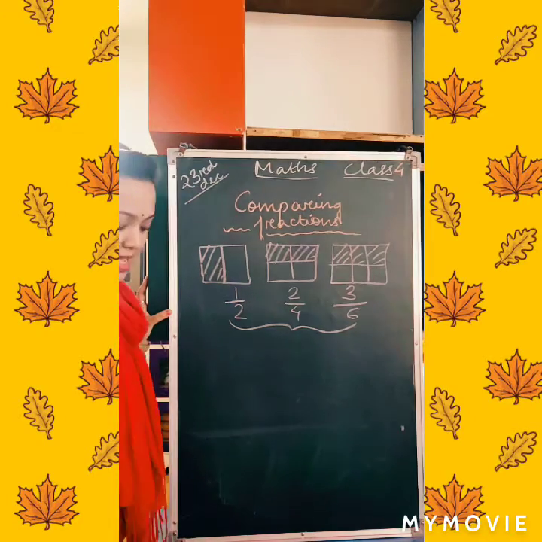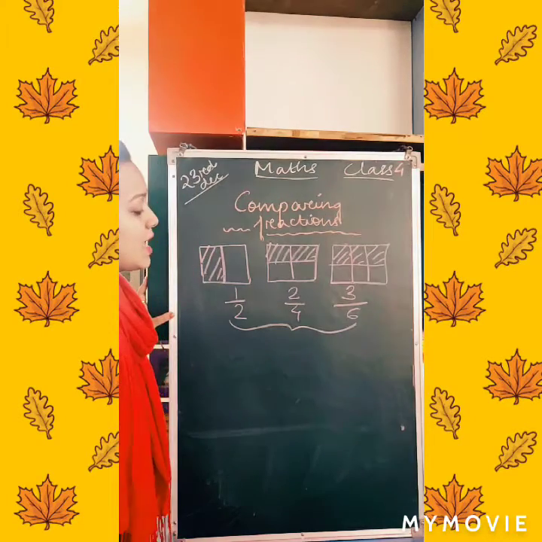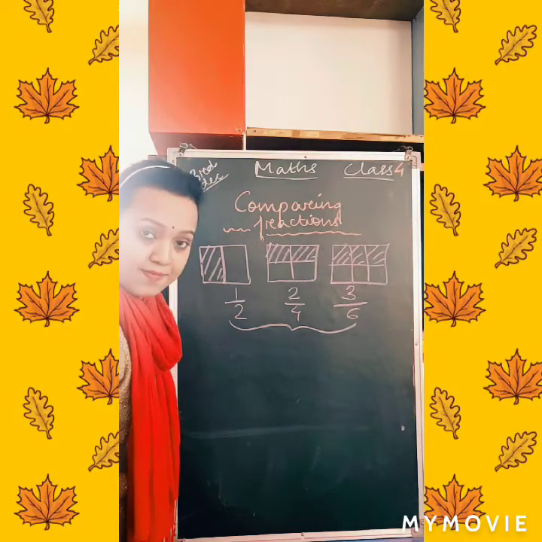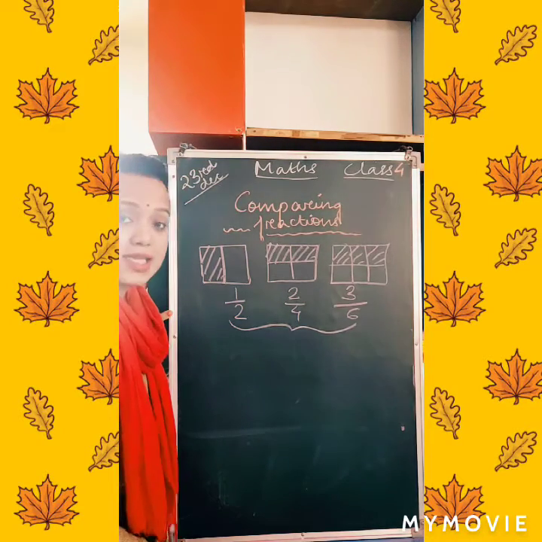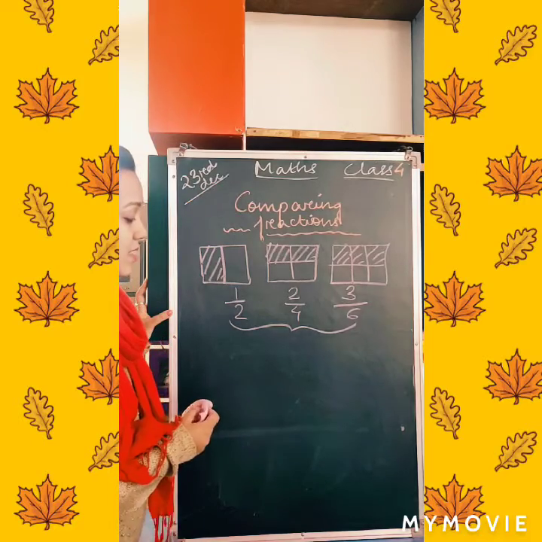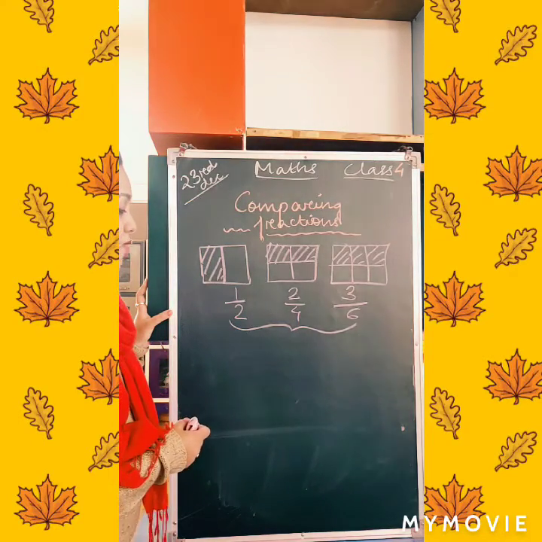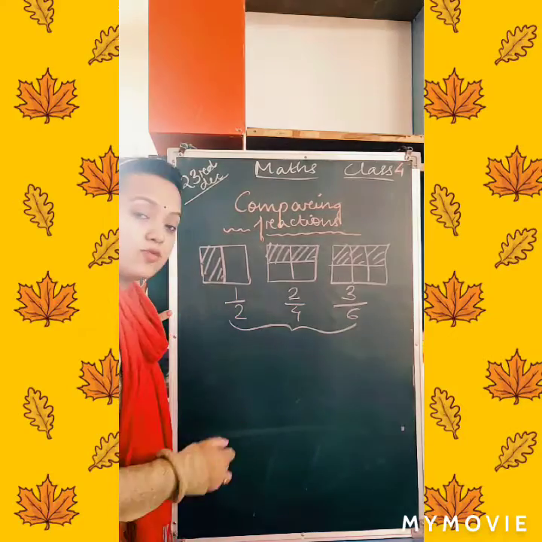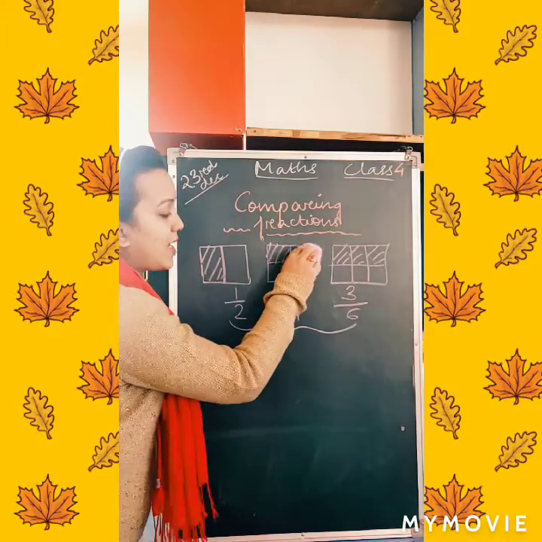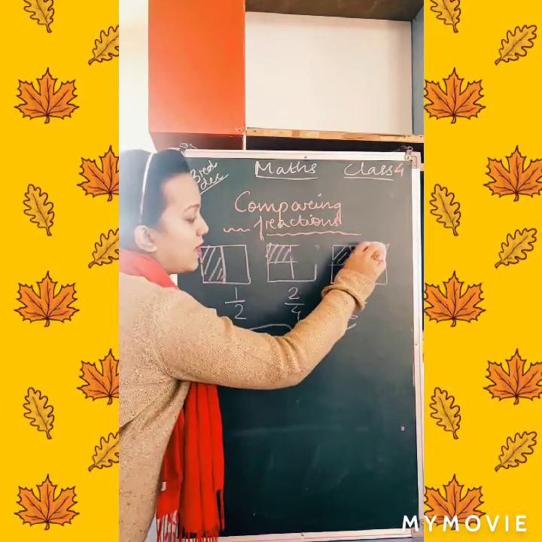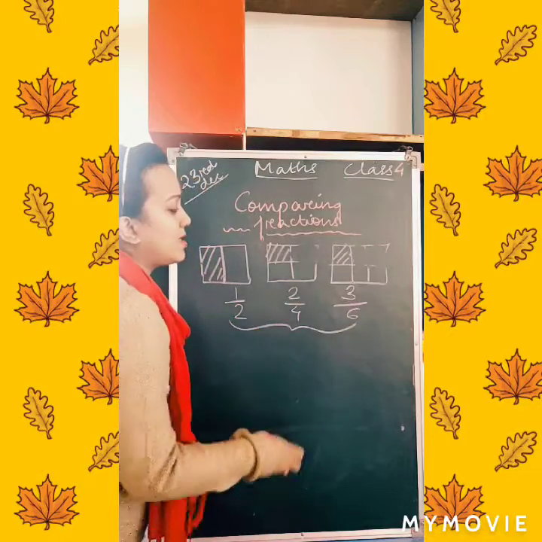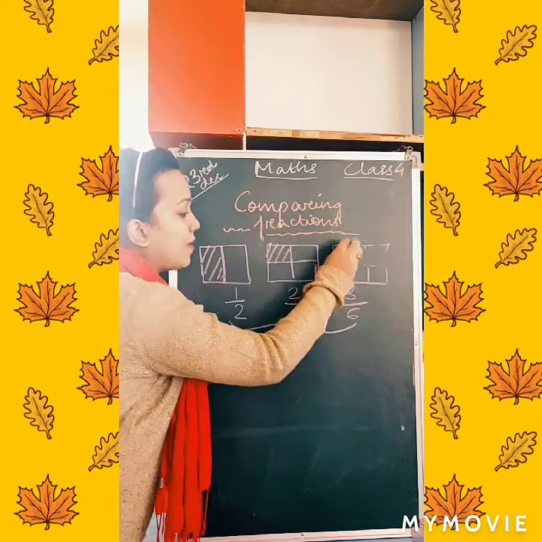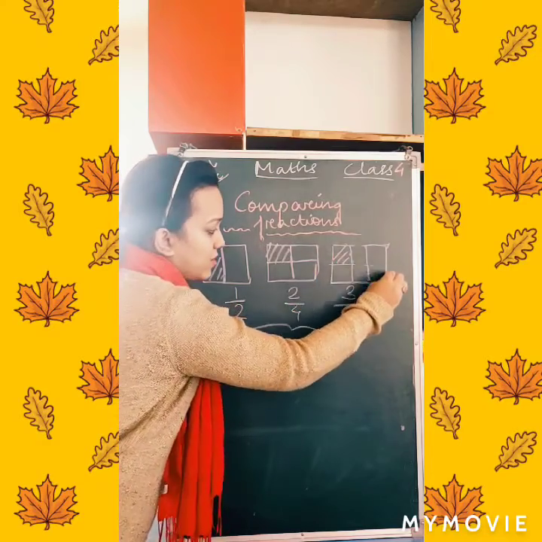In case of unlike fractions, if your numerators are same... Okay. Now since the numerators are different, if you cancel it out, you get 1 by 2 again. So what I do, I make the numerators the same, because this is the only way you can compare in case of unlike fractions, okay.